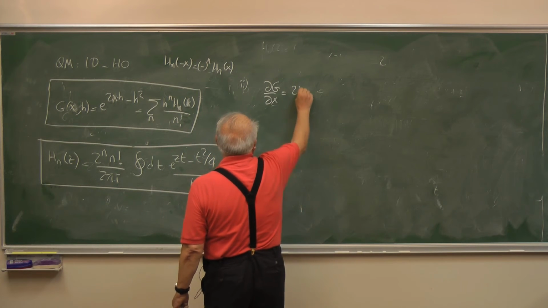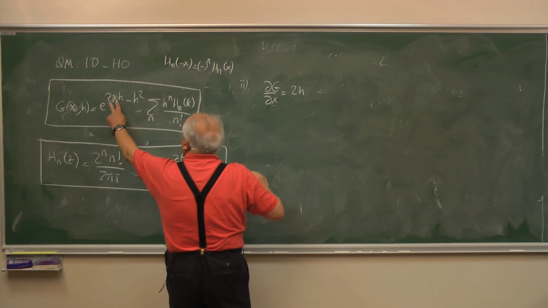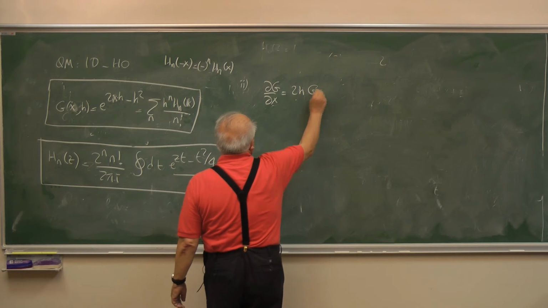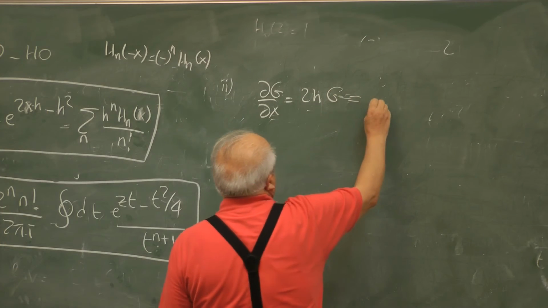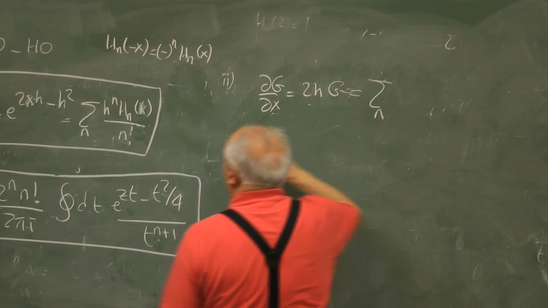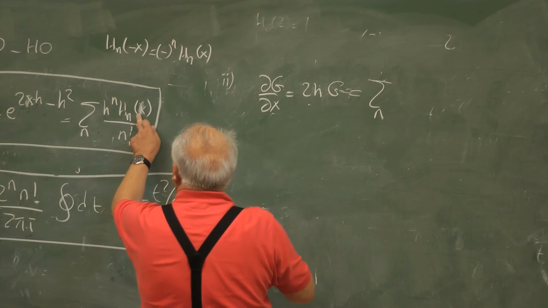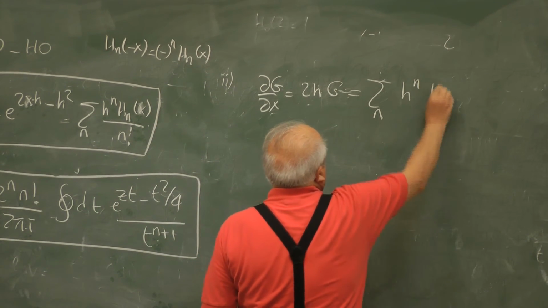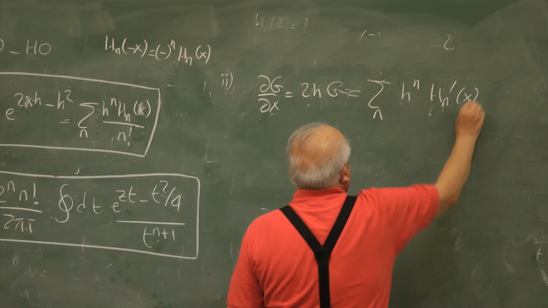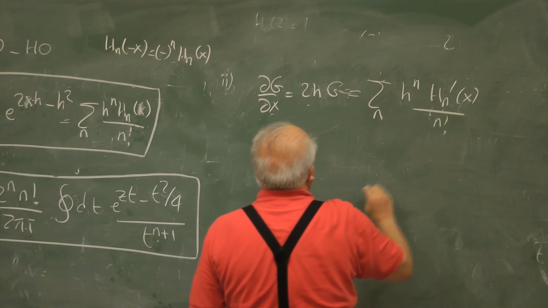This is 2h g, which is a sum over n. Now I am using this part, taking the derivative, it only takes the derivative of this. So Hn prime of x over n factorial.